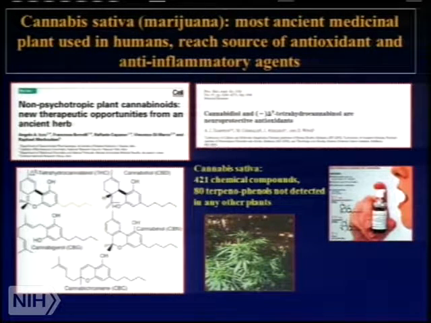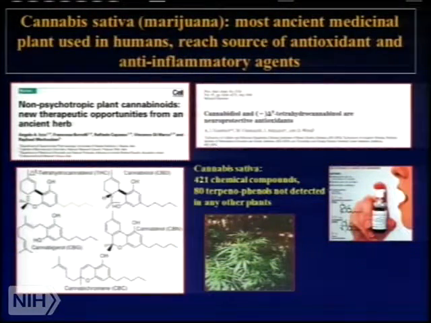And tetrahydrocannabinol, THC, is the main ingredient which is responsible for the psychoactive effect, but also for some of the anti-inflammatory effect. The psychoactive effect is through CB1 receptors in the brain, and the anti-inflammatory effect is through CB2 receptors in inflammatory cells.